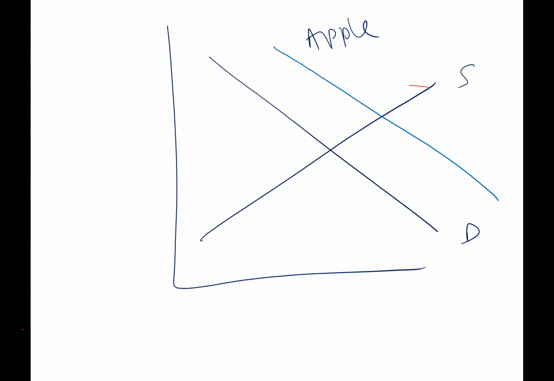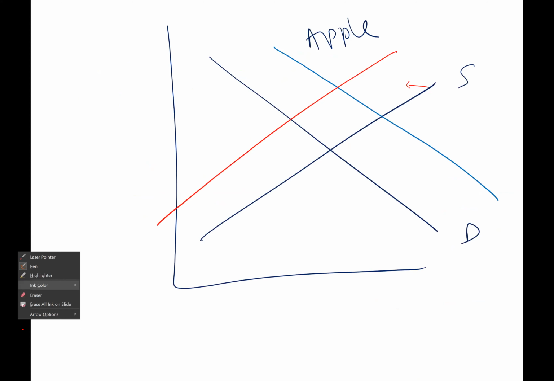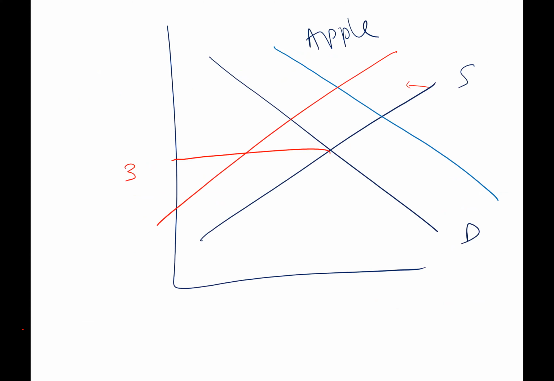Decrease means shift to the left. So previously, Apple was trading at $3 per kg, and now it is $6 per kg. So value of Apple increased, right? Or appreciated. You can say that.